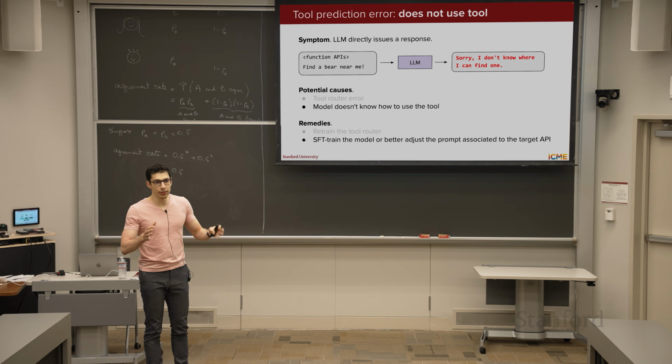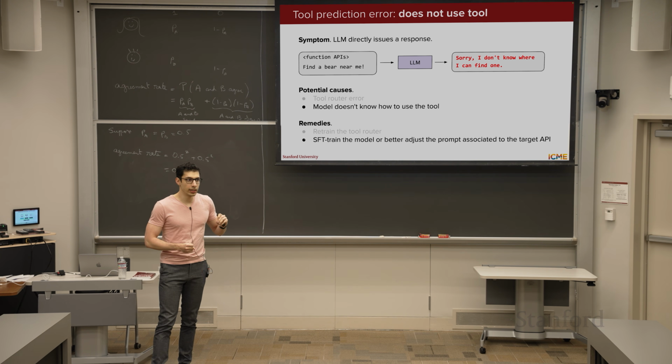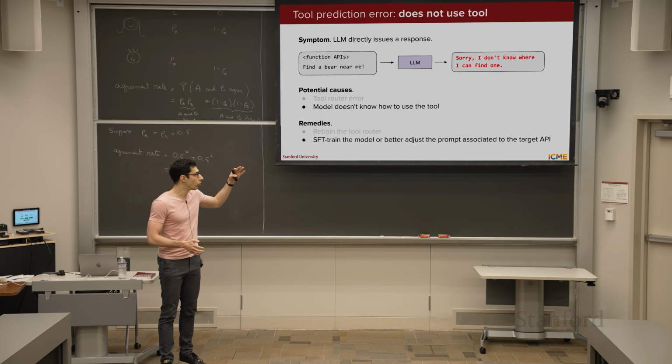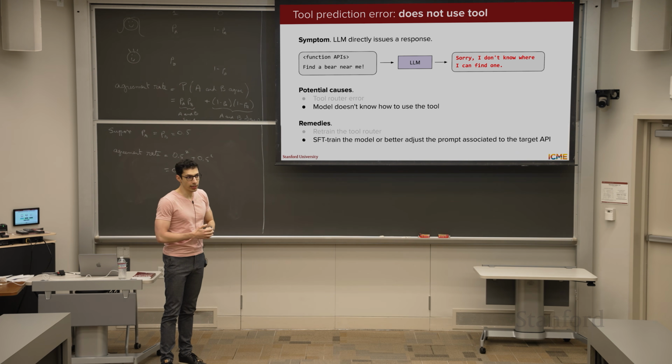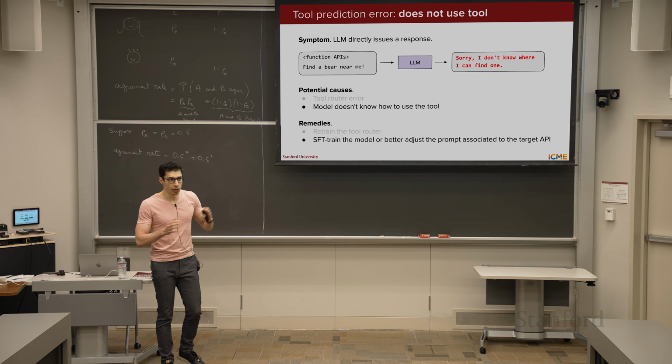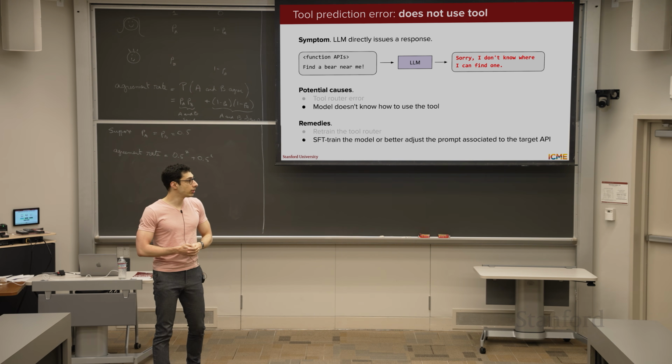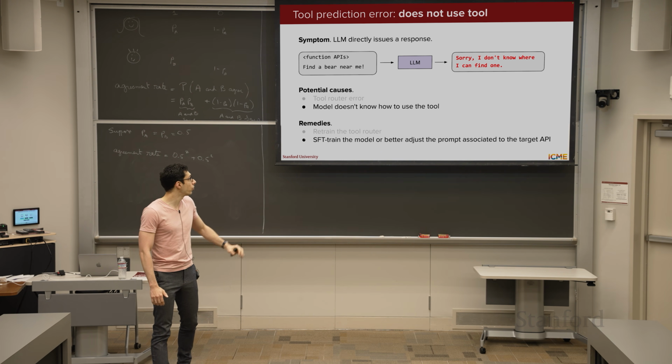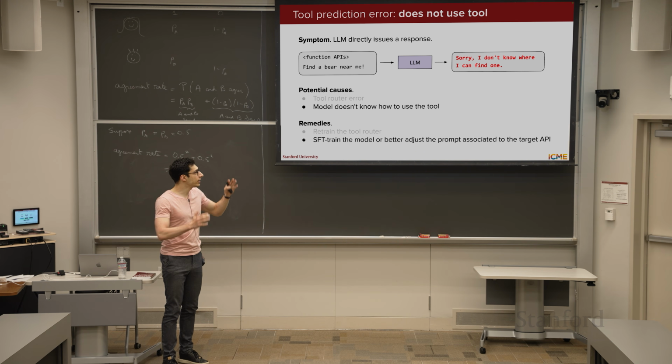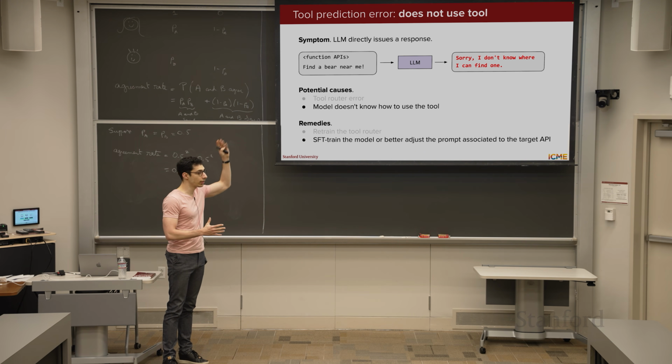So you would need to revisit that part. If you had trained it with SFT, include this pattern to train the model to recognize it, or if you had done prompt tuning, then you should revisit your prompt in order for this call to make sense to the model, so that it knows it should use that tool.